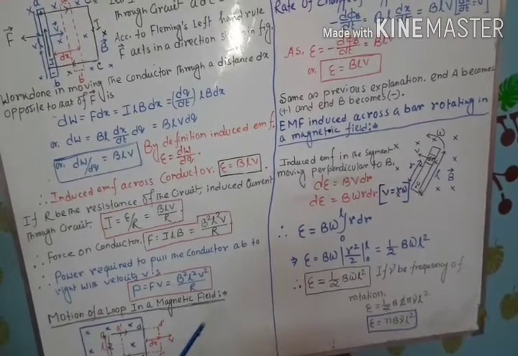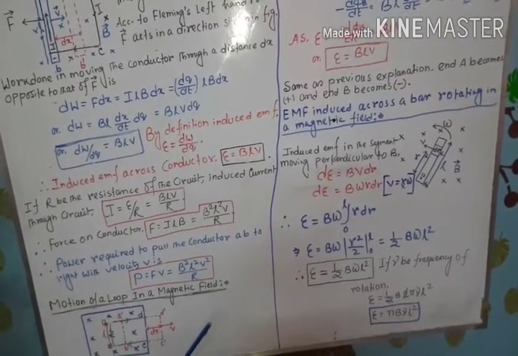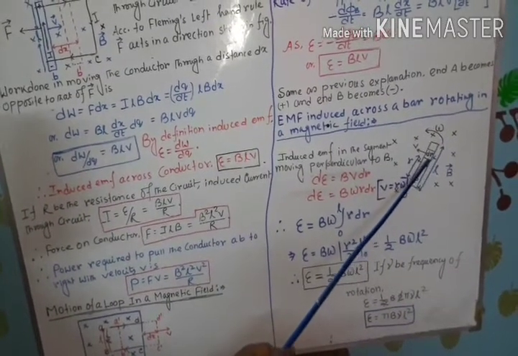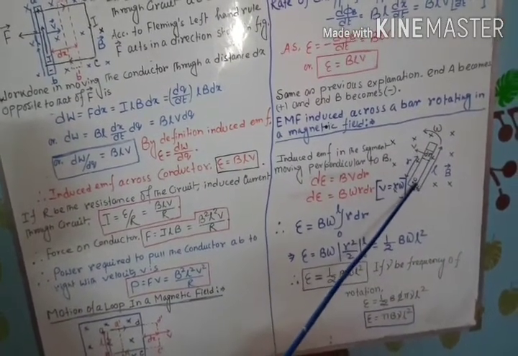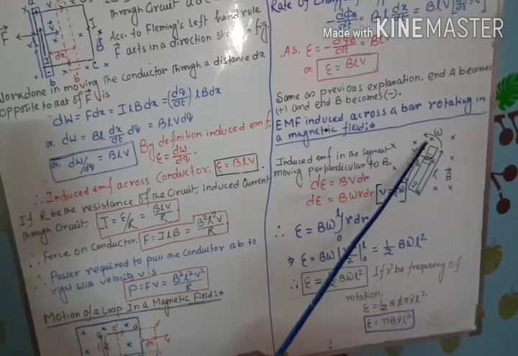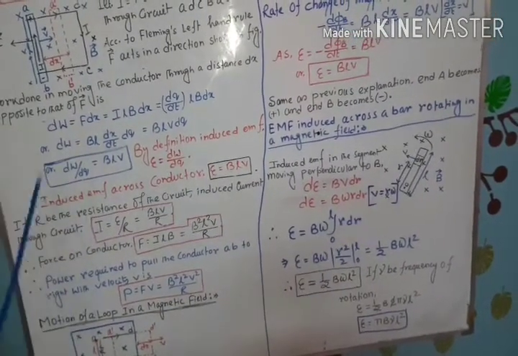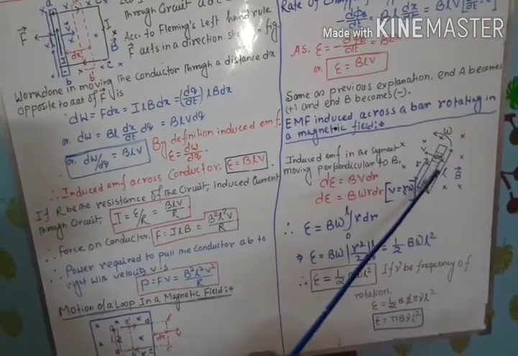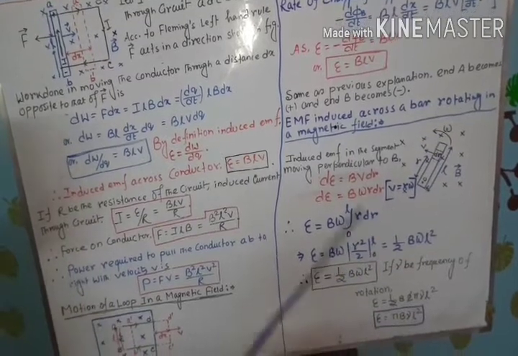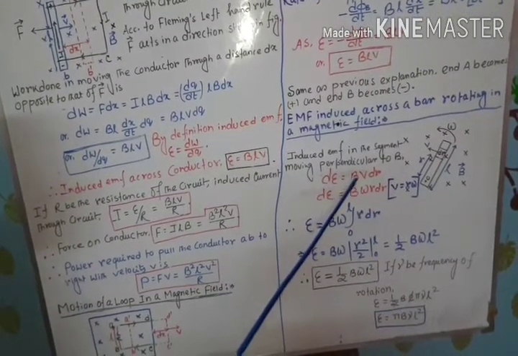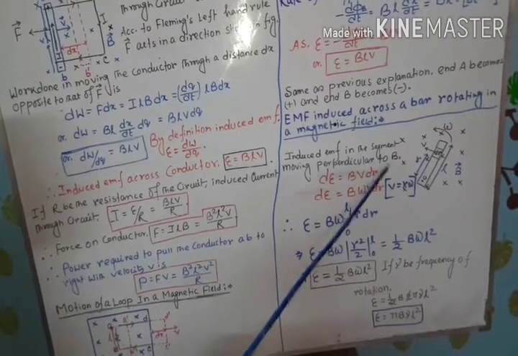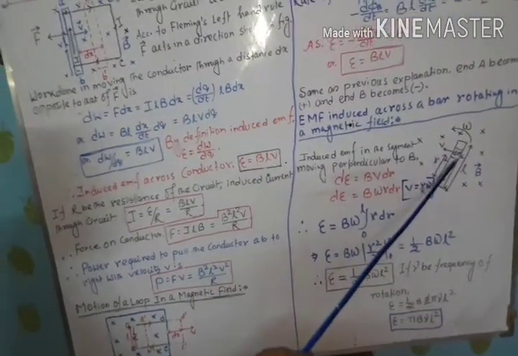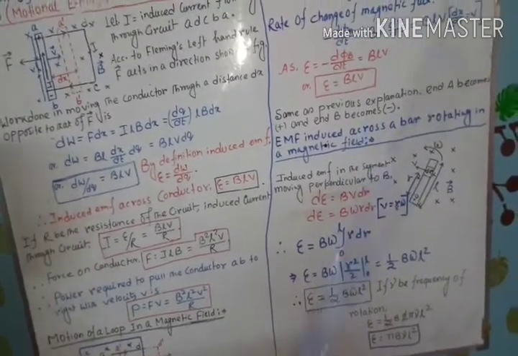Now to determine the expression for induced EMF, we consider a small segment of length dr at a distance r from the pivoted point O, which is moving with a velocity v. According to the formula of induced EMF, the induced EMF of the small segment of length dr is given by d epsilon equal to B v dr. Compare with the equation BvL: here L is dr, the length of the small segment.